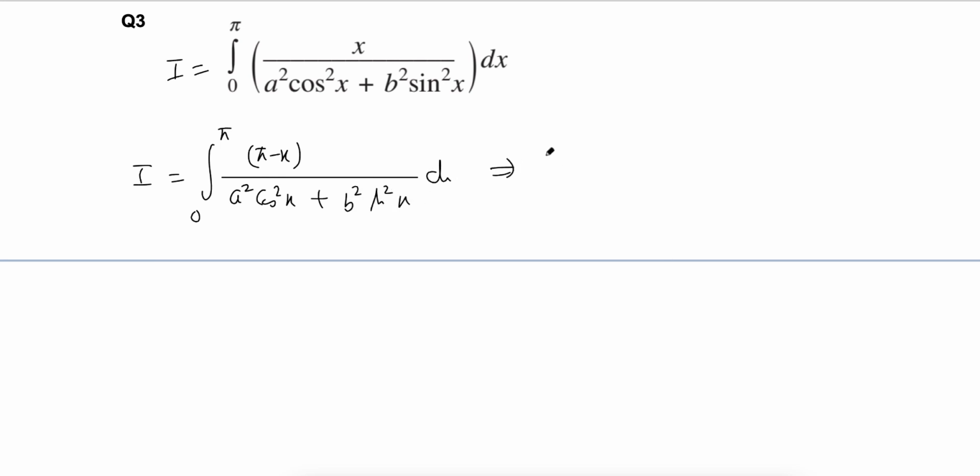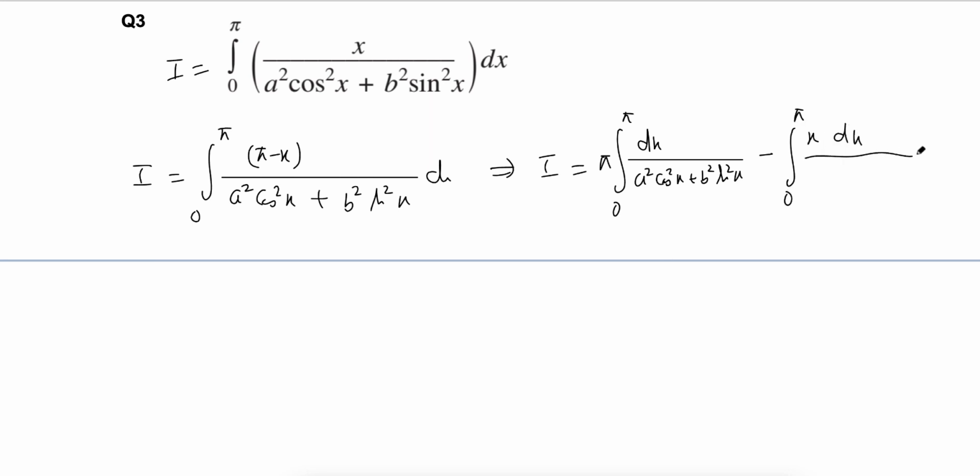So from here, I equals, dividing separately, we will get pi, 0 to pi dx divided by a square cos square x plus b square sin square x, minus 0 to pi x dx divided by a square cos square x plus b square sin square x dx. Correct? Now, see, this is I itself.